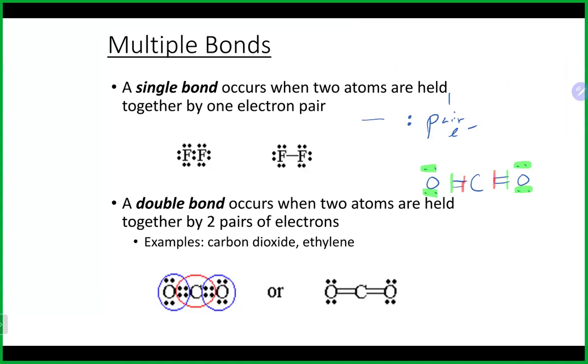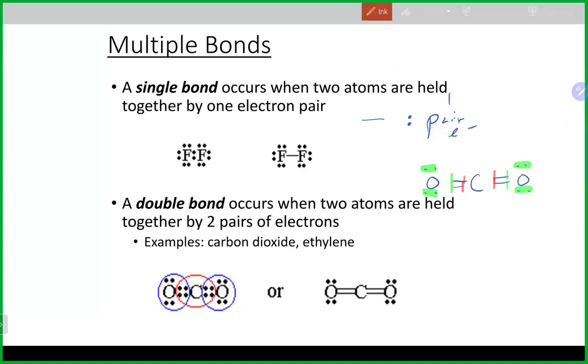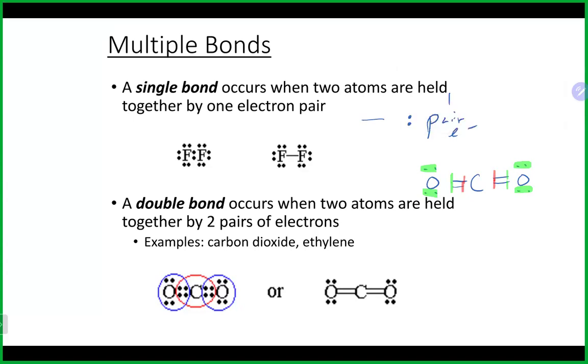So in order for carbon to be happy and get itself to 8 electrons, it needs a couple of double bonds. And that's sometimes the case. Sometimes 1 double bond will be sufficient, but sometimes you may need 2 to get there. Again, a double bond is 2 lines representing 4 total electrons, or 2 pairs of electrons.